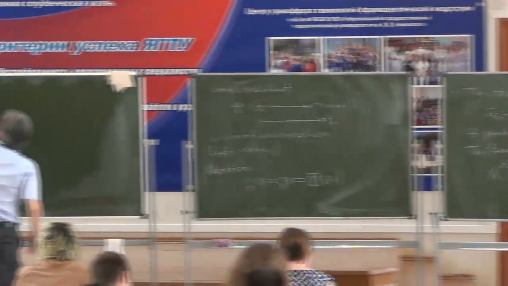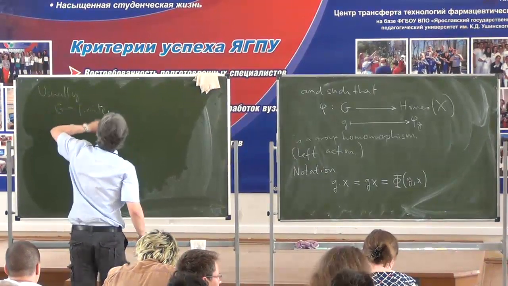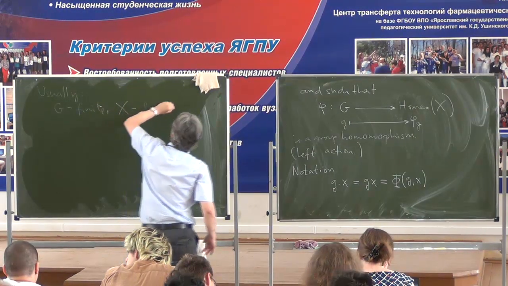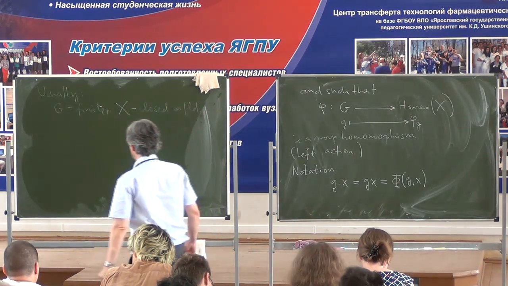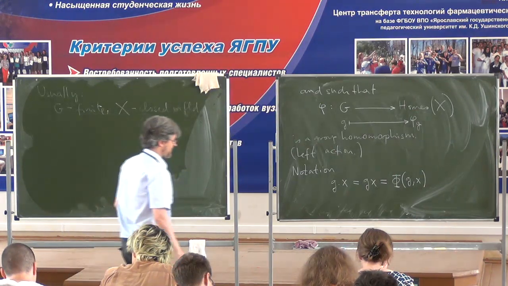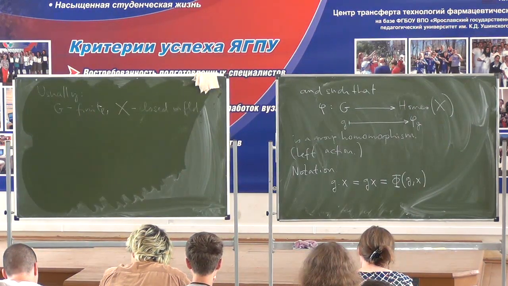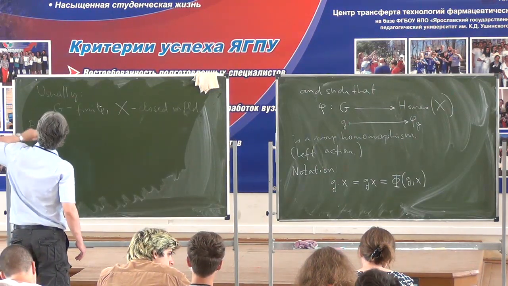So usually for us, G will be finite, and X will be a closed manifold. Now the basic problems, well, there are many problems one can consider.